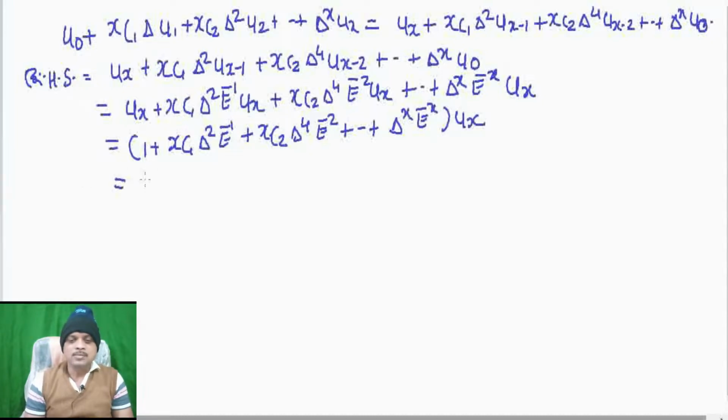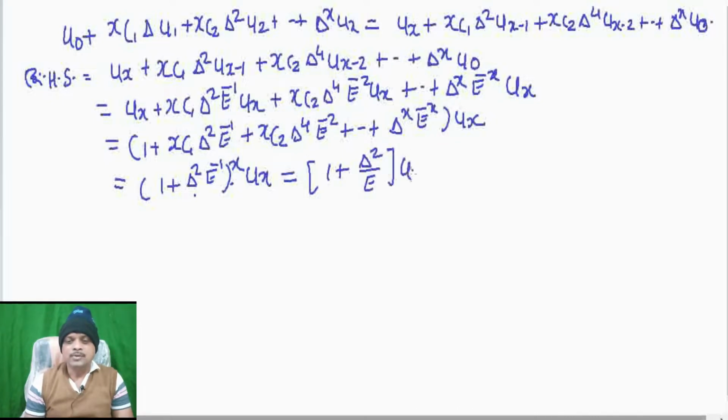So this is nothing but the expansion of 1 plus delta square into e raised to minus 1, whole raised to x, into ux. Again this is a binomial expansion, we can apply the binomial expansion. So this is 1 plus delta square divided by e into ux.